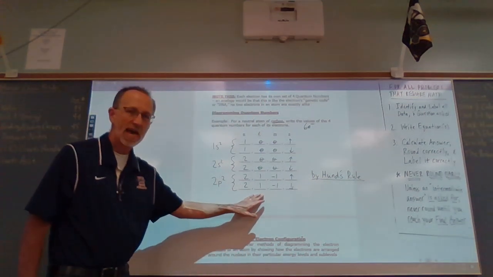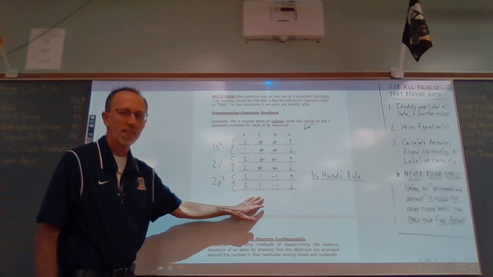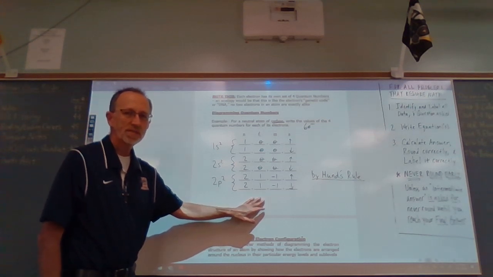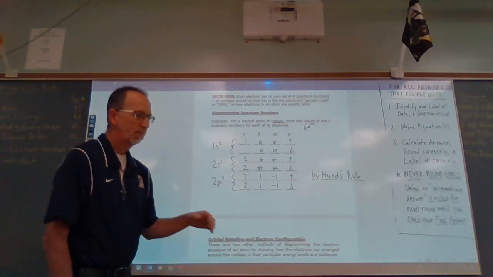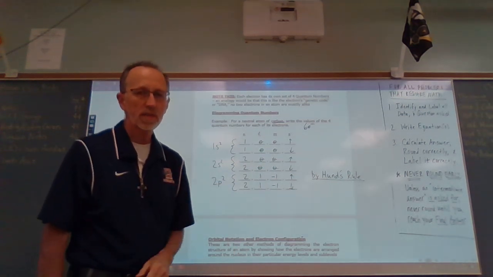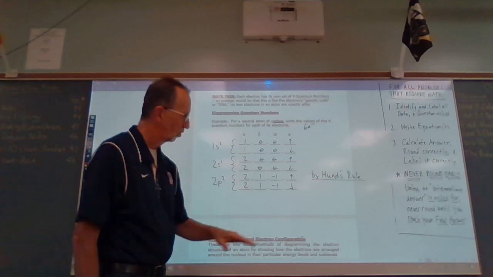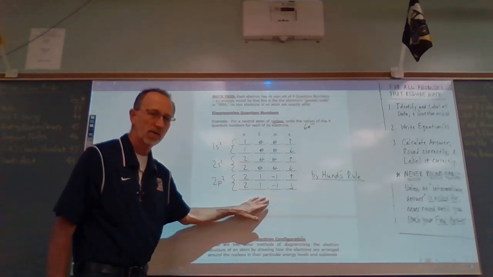We did not do that here with its 6th electron. So technically, these first 5 are correct, but the exact order that the electrons fill via Hund's rule, this 6th one is not correct.